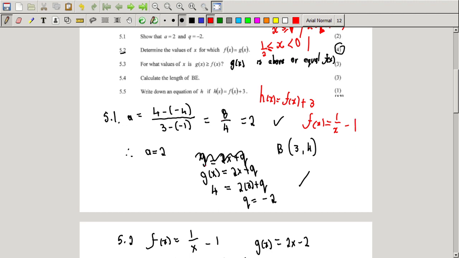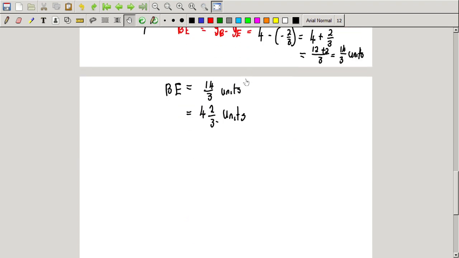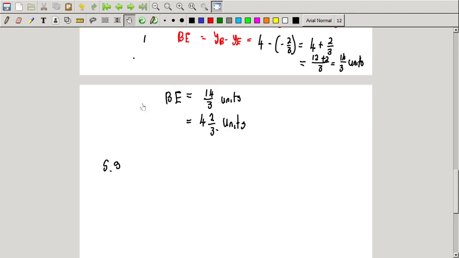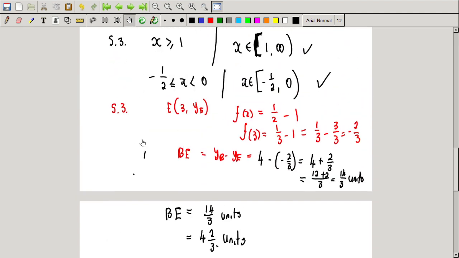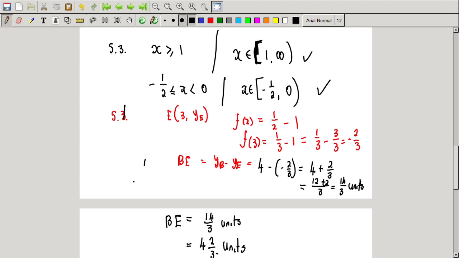Okay, let me go write the solution down. It's 5.5. Yeah, this is 5.4, which I keep making mistakes on.